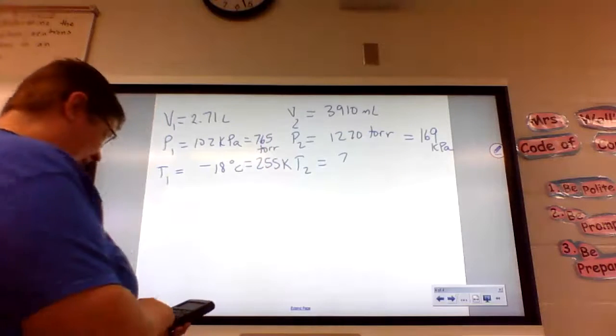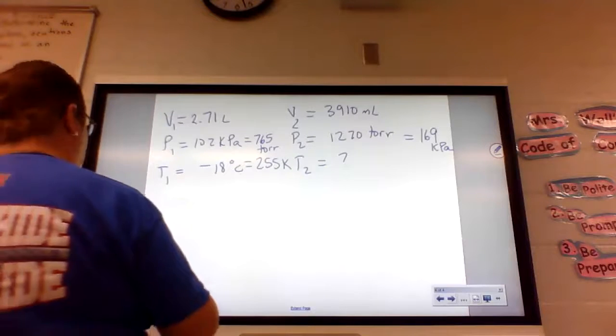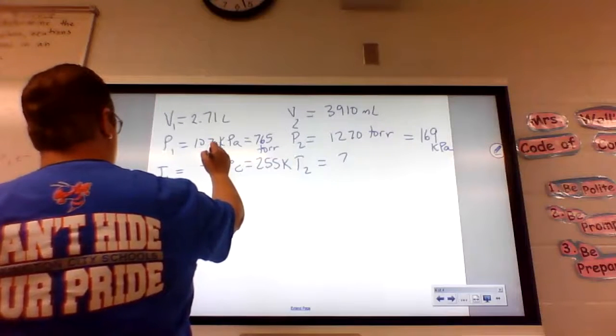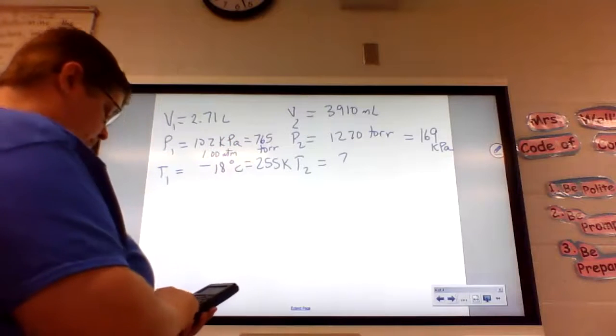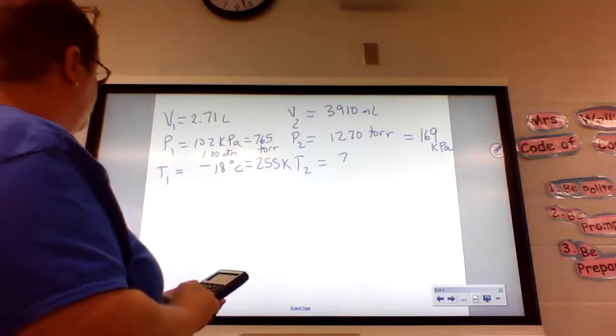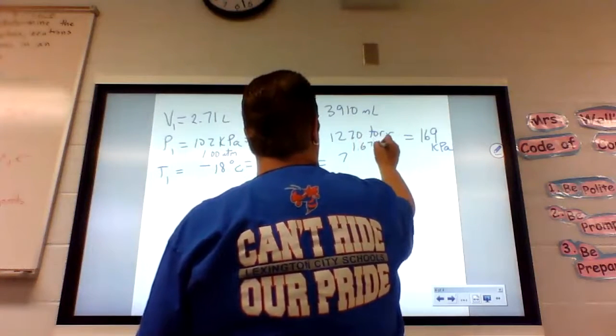If you changed it to ATMs, you'd have roughly 1.00 ATM. 1.67 ATM.